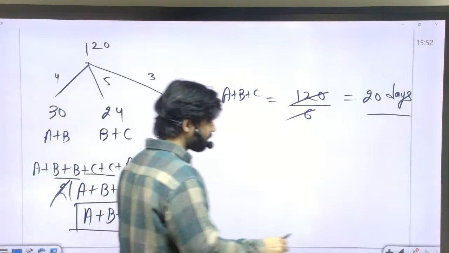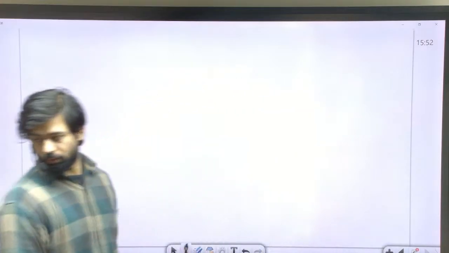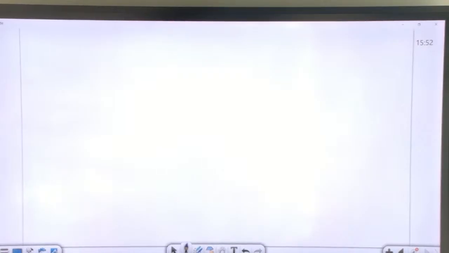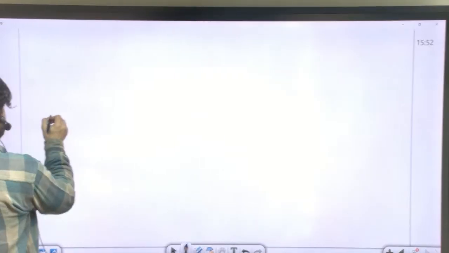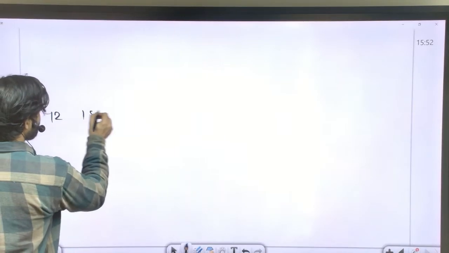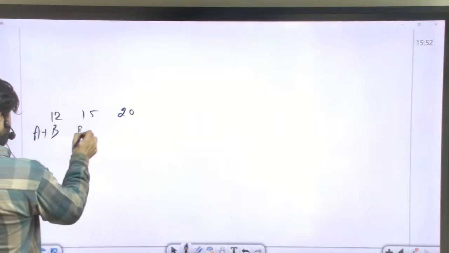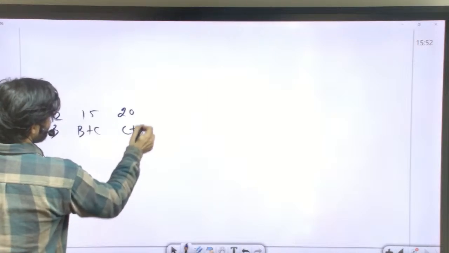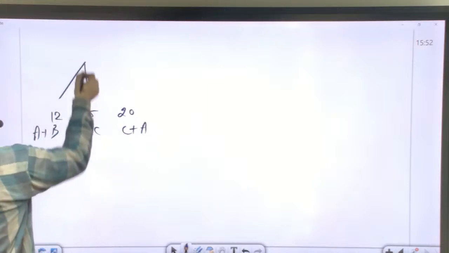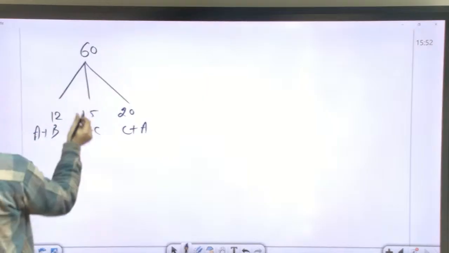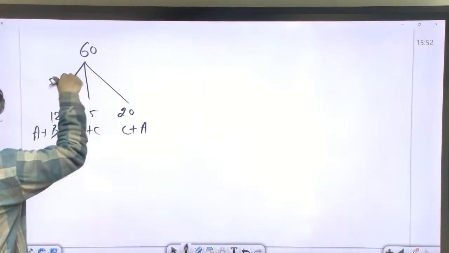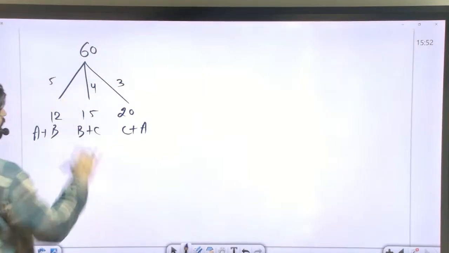Very good. So the number of days taken by them are 12, 15 and 20. This is A and B, this is B and C, and this is C and A. So the total work is the LCM of these three, and the LCM was 60. Divided by 60, we get 5 and 3.